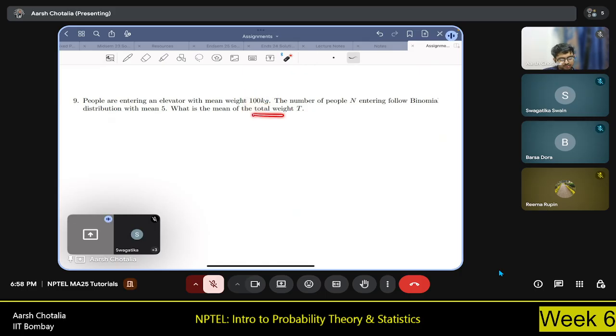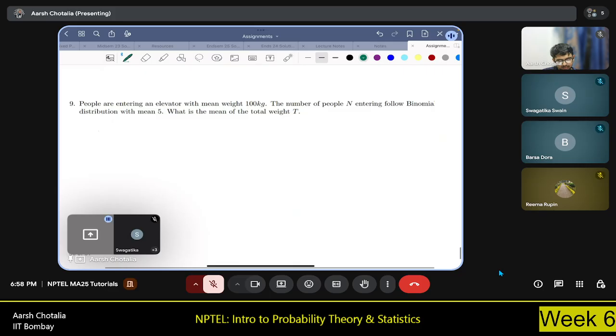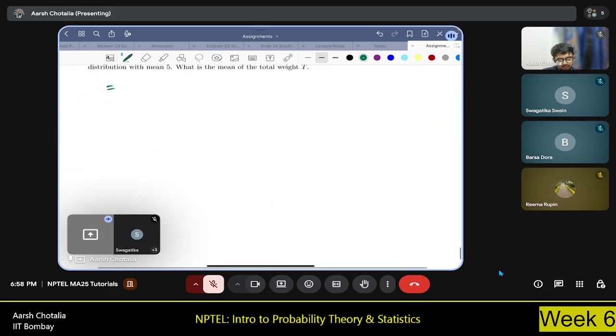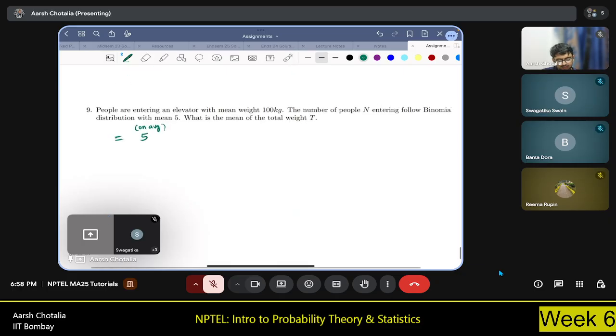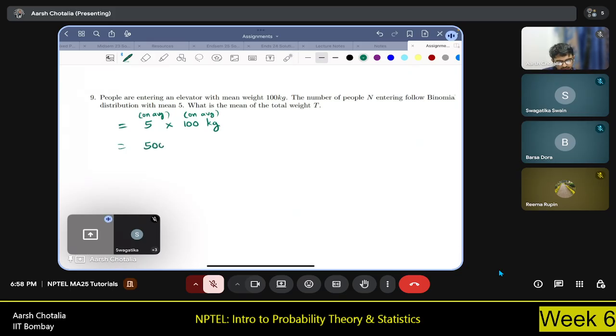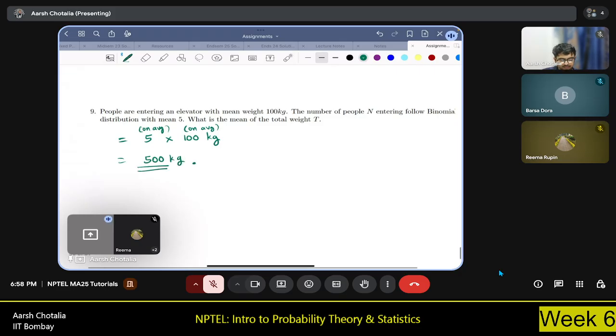So on average, how much would be the weight that is borne by the lift? Naively, what you expect is that there are 5 people on average, and each one weighs 100 kg on average. This average we intuitively understand they should multiply to give the answer 500 kg. And that is in fact the correct answer. How is it?